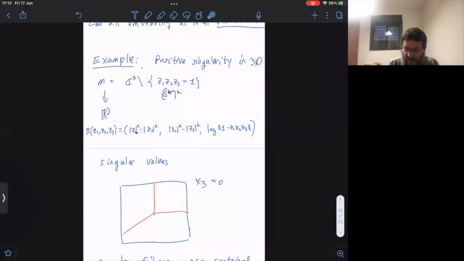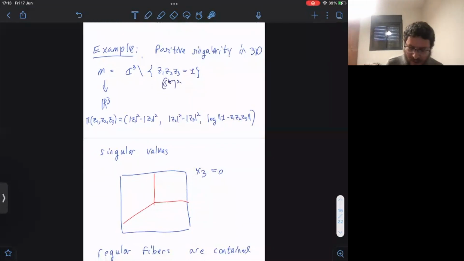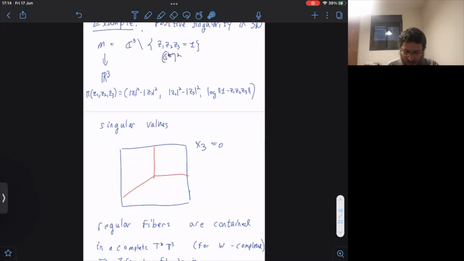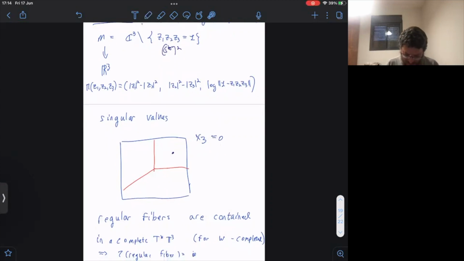And on this space, we have defined a Lagrangian torus fibration. It doesn't matter what the formula is, but the singular values you can describe as follows: you look at the plane x3 equals 0, and inside that plane you have a certain graph, and all the singular values lie on this graph. And then one can show that the regular fibers, things which lie here, are also contained in a complete cotangent bundle of a torus.